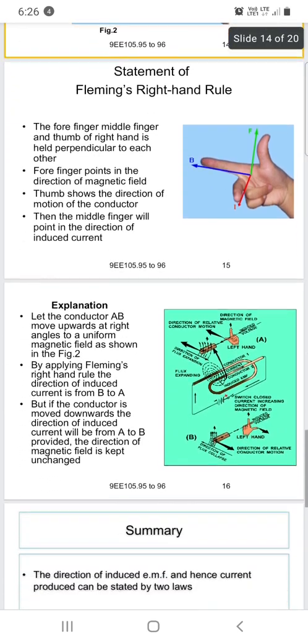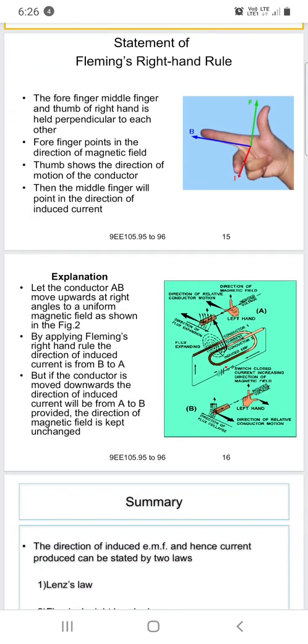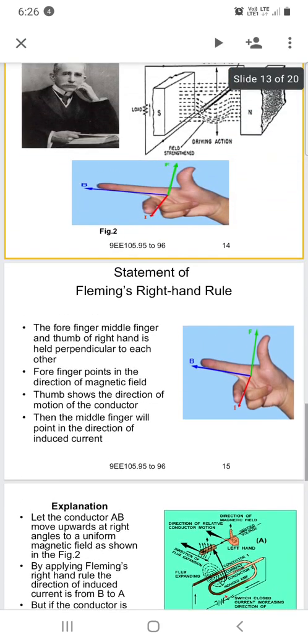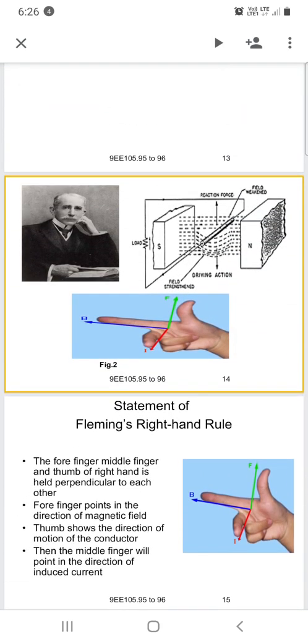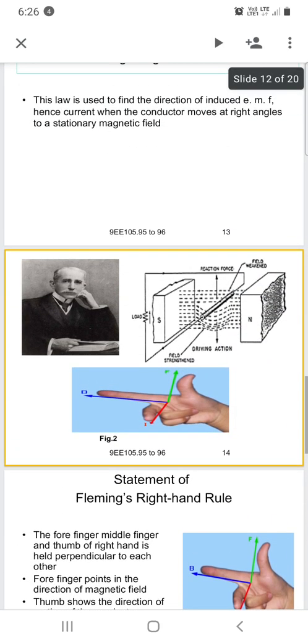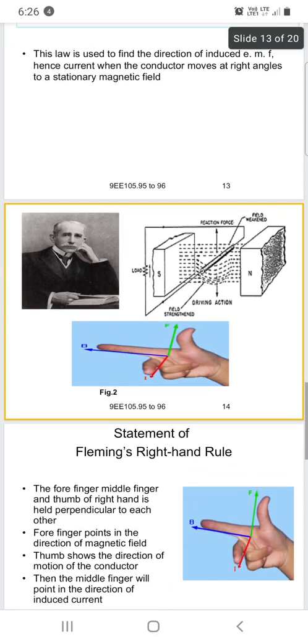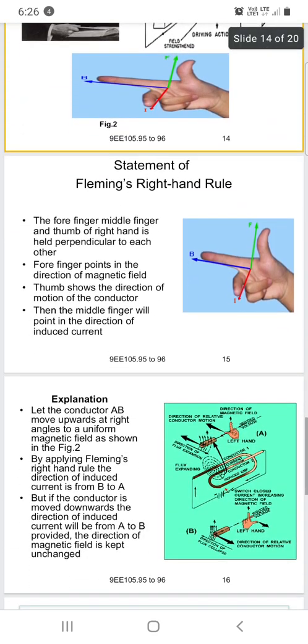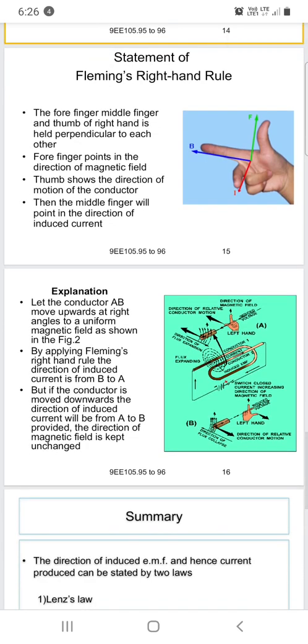By applying Fleming's right hand rule, the direction of induced current is from B to A. In this figure we observe the direction of induced current from B to A, indicated with the middle finger.